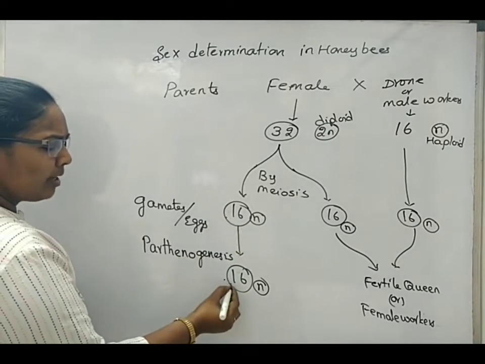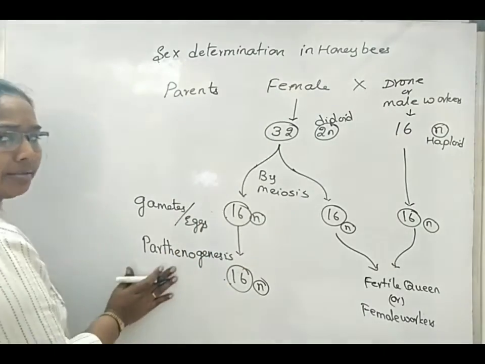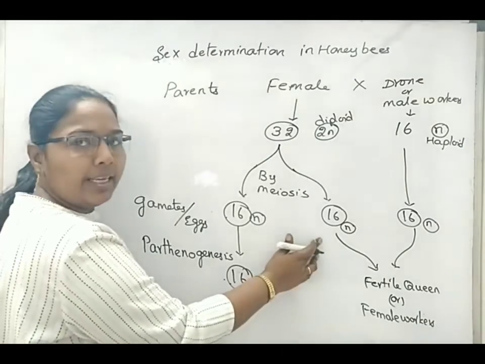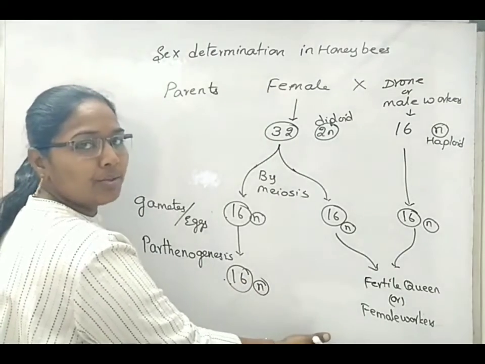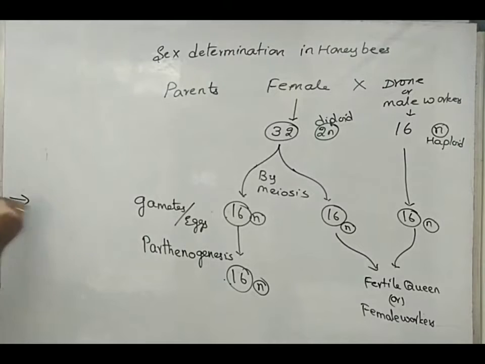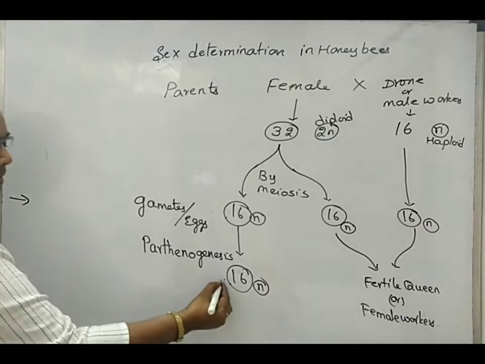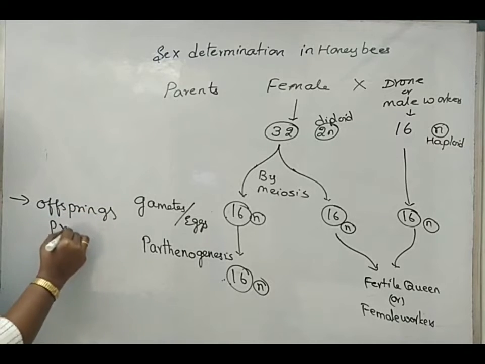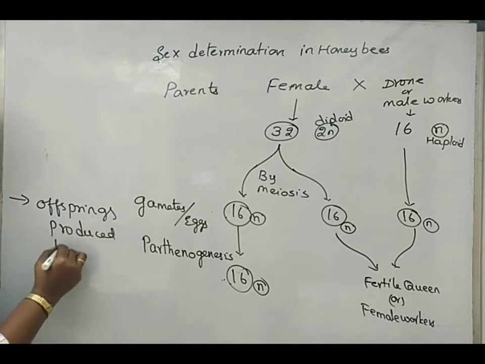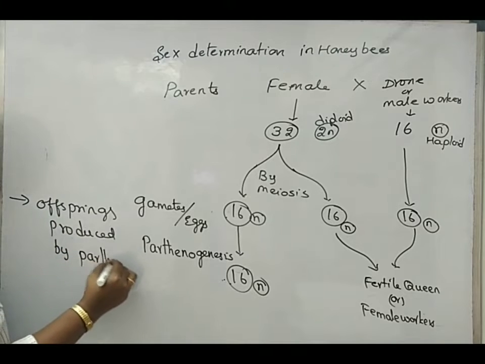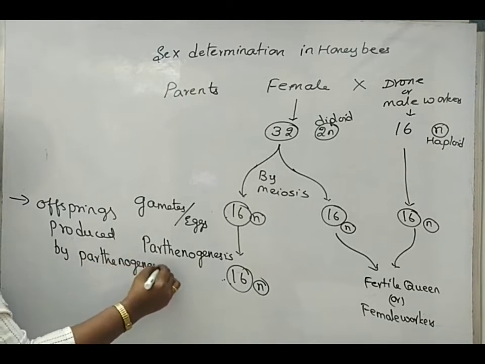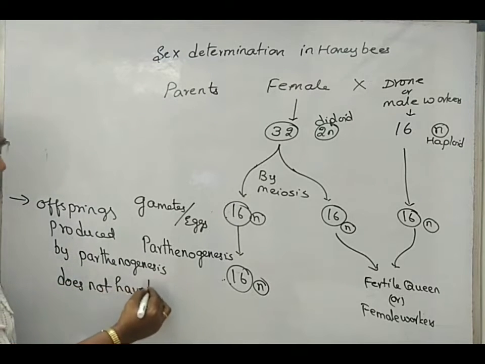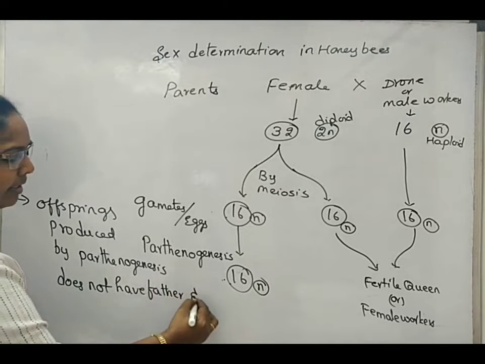Here we are seeing this is not crossed with any type of sperm, means the drones that have been obtained here do not have any father. If they are fused with female eggs, they will not have any son also. You can write that in sentence formation: these offspring produced by parthenogenesis do not have a father and cannot have sons.